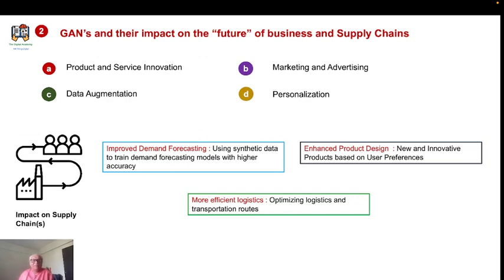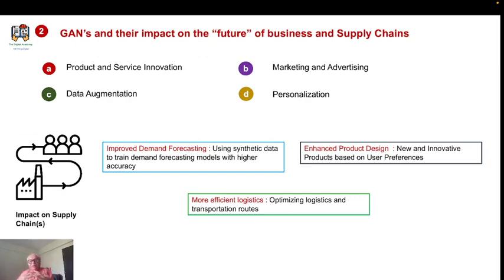The other important thing is that personalization is a big digital trend. GANs actually enable hyper-personalization based on users' preferences and create content exactly what the user wants without much customization for every individual unit.